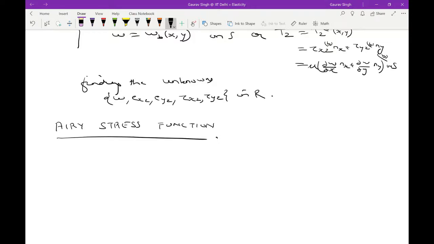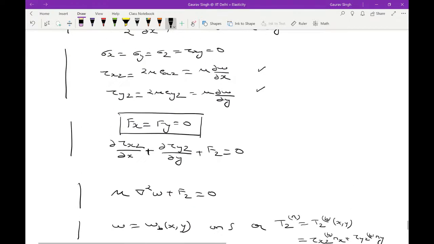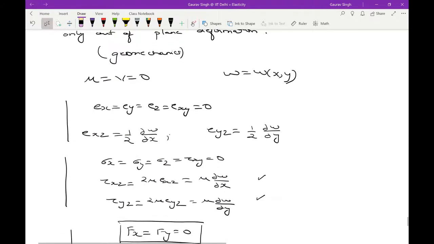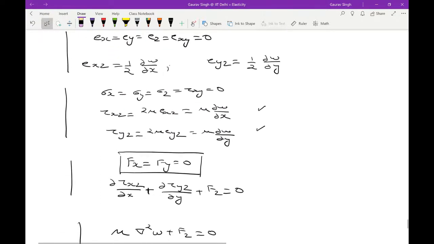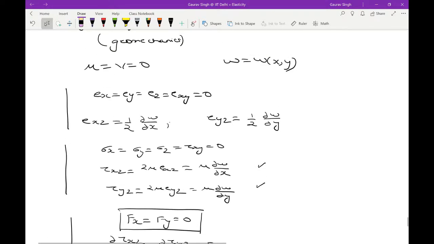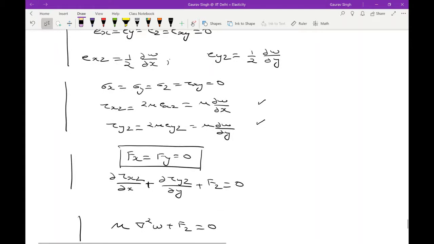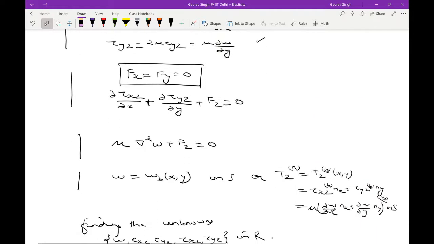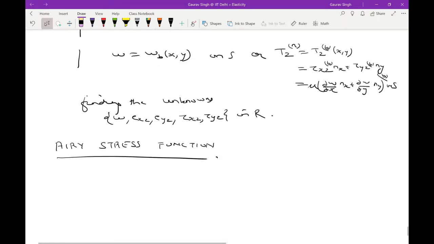What this does is it reduces the formulation of all these equations, which any plane strain or plane stress follows. Displacement is assumed, sometimes traction or stress is assumed, and then the stresses, the equilibrium equation, Navier's equation and compatibility equation.